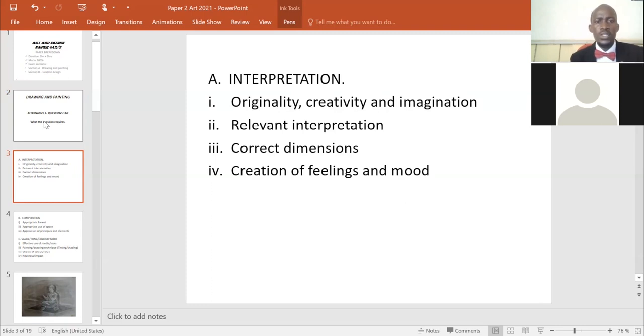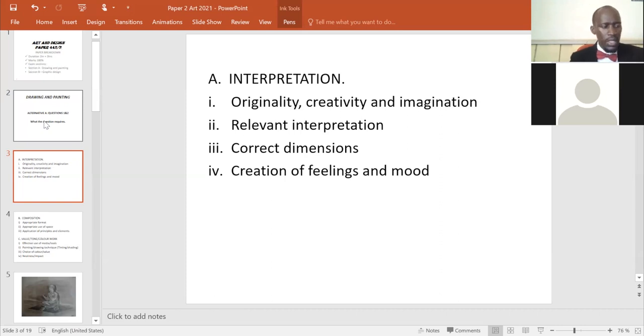When we are looking at the students' work, the following must be clear in their work. 1, when tackling questions on painting and drawing, we look at the interpretation. For example, has the learner been able to interpret the question when creating a pictorial composition?